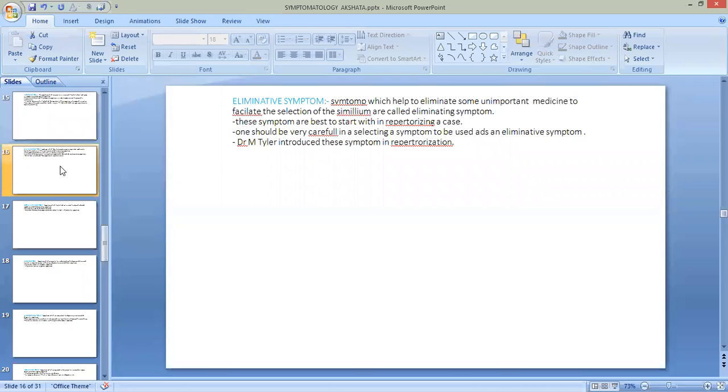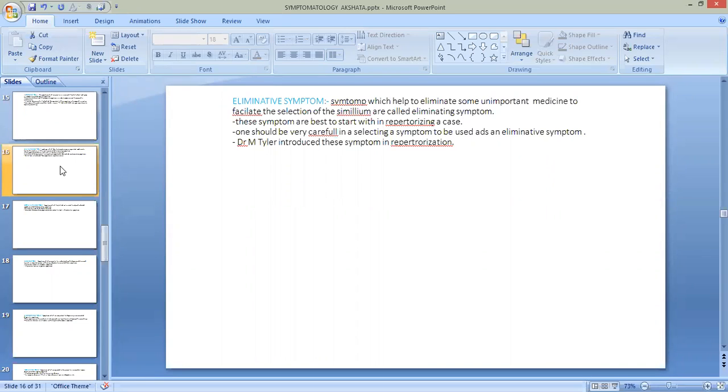Means with the help of these symptoms, we can remove the unimportant medicine, or we can select the important medicine to find out the exact simillimum out of those. So the symptoms which help us to find out the exact simillimum by eliminating some unimportant medicine are called eliminating symptoms.